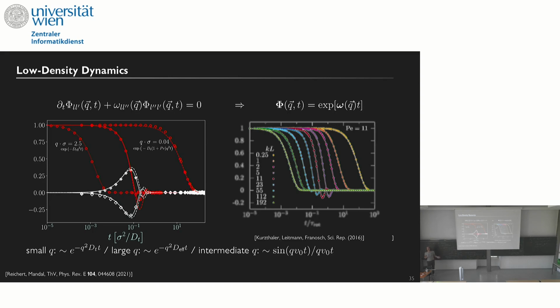And I hope you protest because exponentials should be positive. But the point here is these are matrix exponentials, because you need to take into account the active Brownian particle with its orientation. And that gives you a version of the theory where you have a lot of angular momentum indices and so on. But rather than deterring you from a well-deserved break, I will just stop here and say we can discuss a bit if you have more questions. I'm not going to show the rest of the talk. Thank you.